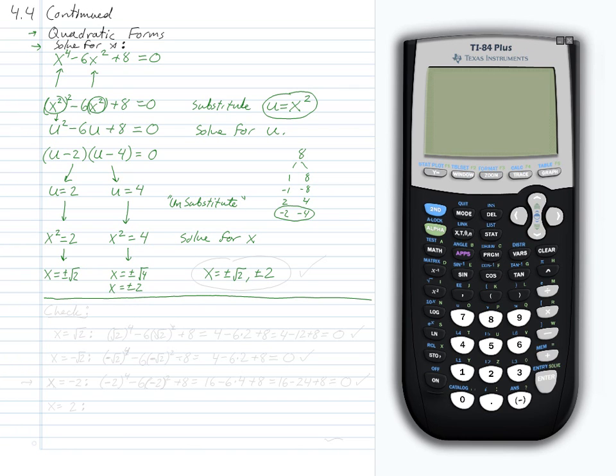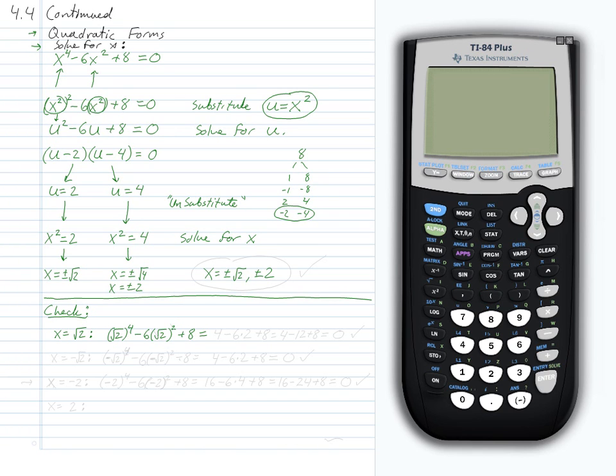So let's check our solutions. Checking is not as essential in this particular type of equation as it was in the radical equations, but it's never a bad idea. You know, we could always make mistakes, so you always want to check your work. Okay, and I will check x equals the square root of 2 first. If I plug that into my equation, square root of 2 to the fourth minus 6 times the square root of 2 squared plus 8.